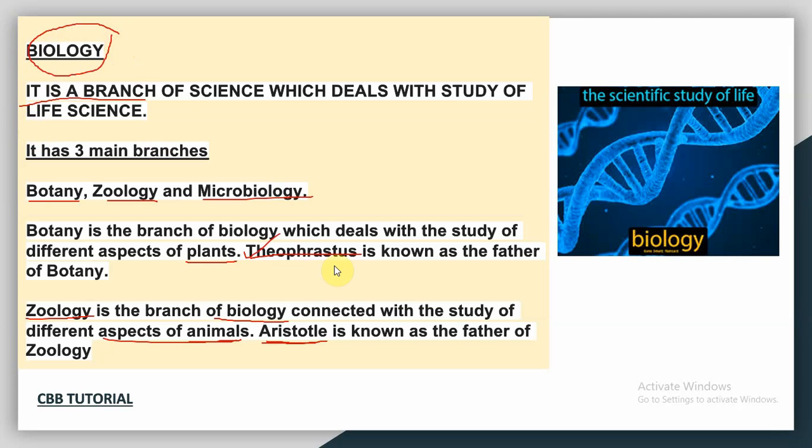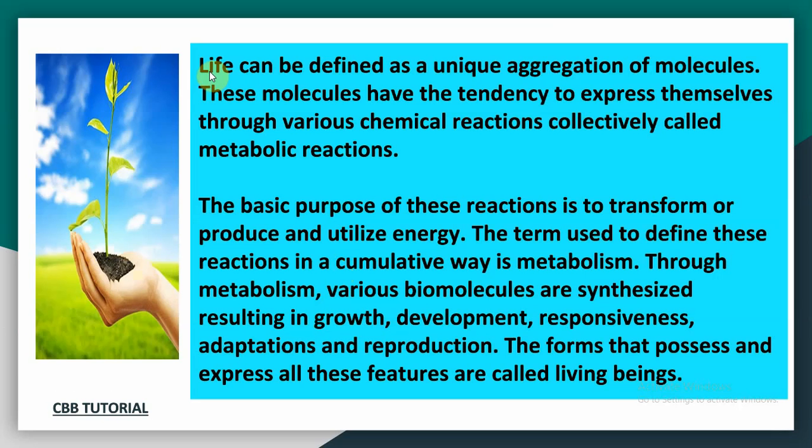Now we are going to the next point, that is life. Life can be defined as a unique aggregation of molecules. These molecules have the tendency to express themselves through various chemical reactions collectively called metabolic reactions.